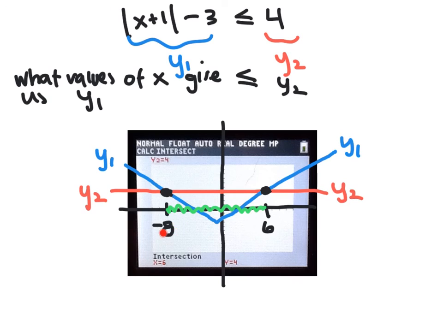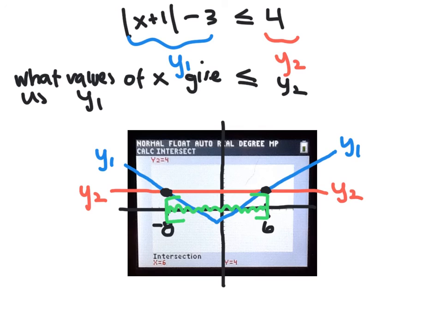You may want to decide what your endpoints of the solution will be. And how we do that is look at our original inequality symbol. And notice that less than or equal to will indicate that we use brackets on the end of each endpoint. So now I have a one-dimensional solution of my inequality.